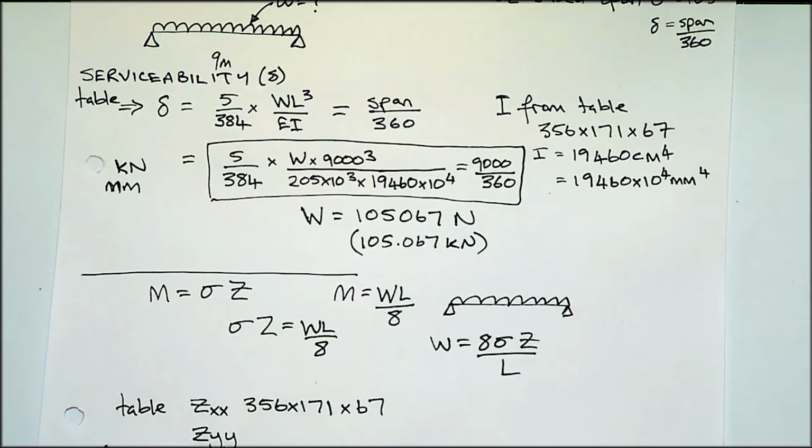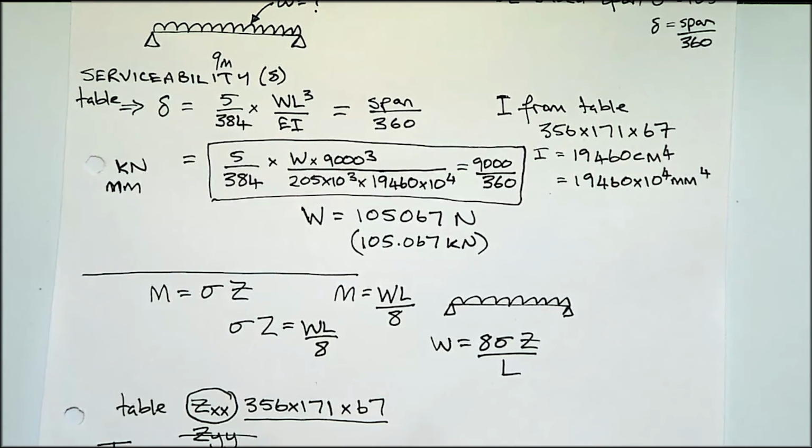So in terms of this beam, it's been loaded along the top. We want the XX value for this beam. So from the section tables, your ZXX is 1071 centimeters cubed.